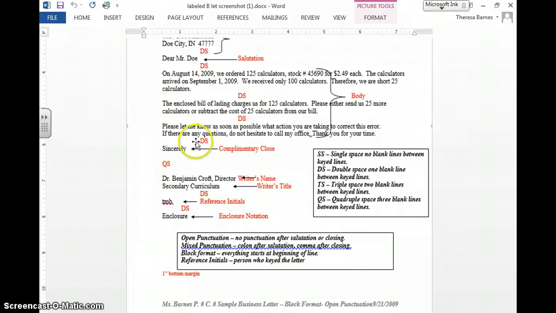So you'll know that because it usually says in the body of the letter, enclosed you will find, or as such here, the enclosed bill of lading charges, or it might say I am attaching my schedule to you. If it's an attachment, it means it's either paper clipped or stapled to it, and you'd use the word attachment. If it's enclosed, you just need to use the word enclosure, and notice how that starts with an uppercase letter.